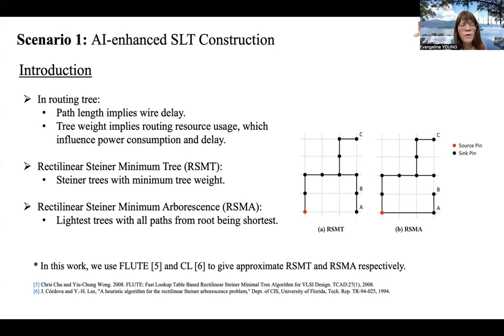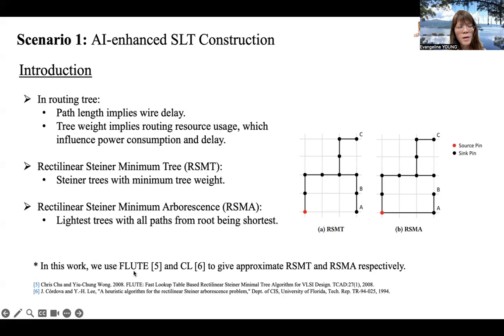So considering the total weight of the tree, we would like to have an RSMT, rectilinear Steiner minimum tree, which has the lightest total weight. And considering the path from the source to each of the pins, we'll consider the RSMA, the rectilinear Steiner minimum arborescence, in which all the connections from the root to the pins are the shortest possible. So we are seeing how these two can be generated and combined with AI.